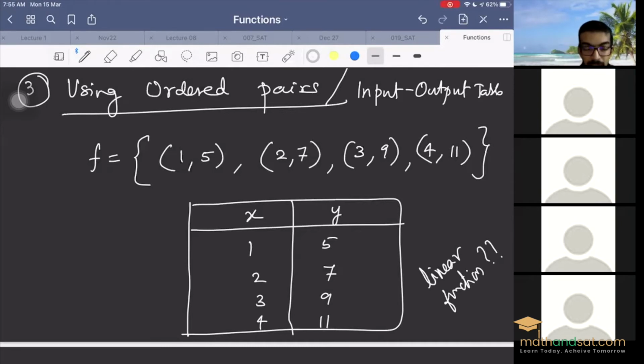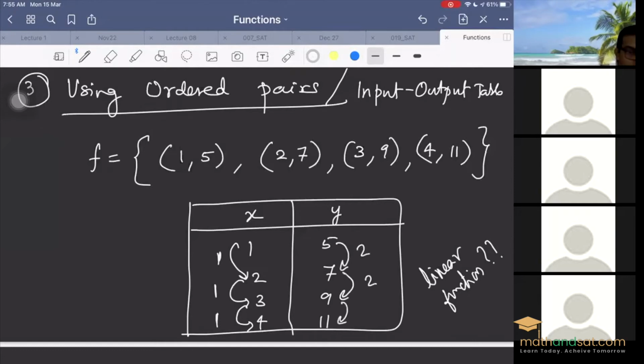This is the intuition here. We don't have to go to lines and slopes for the time being. Just look at the changes in x. What are the changes in x? Here it is 1, 1, 1. And corresponding to constant changes in x, do we have constant changes in y? The change here is 2, the change here is 2.